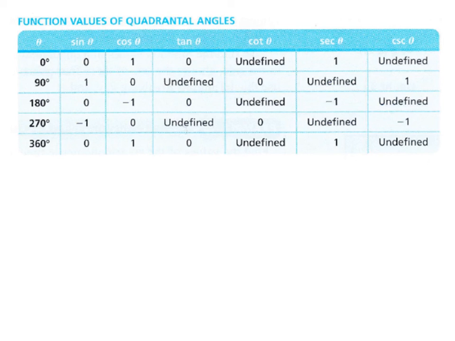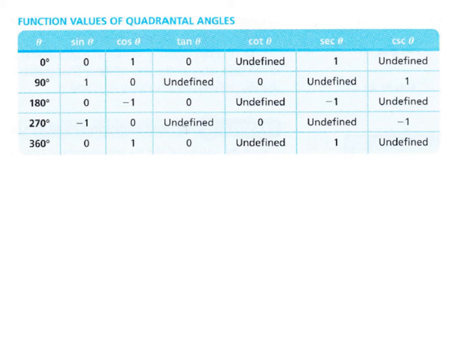Notice for the quadrantal angles, the 6 trig function values are either 0, 1, negative 1s, or undefined. If you look at each individual row, 0, 1, 0, undefined, 1, undefined, you're going to get 2 undefined trig functions for every quadrantal angle.